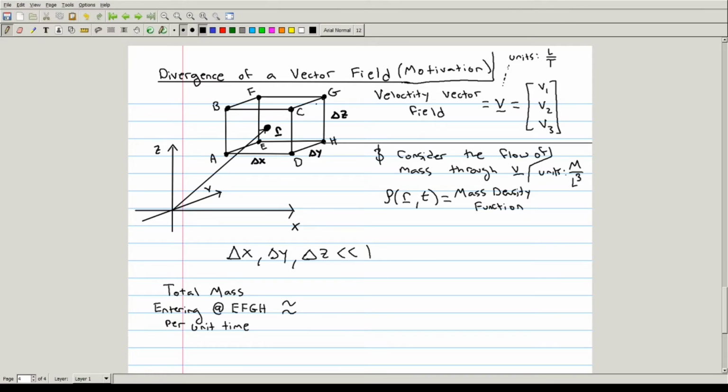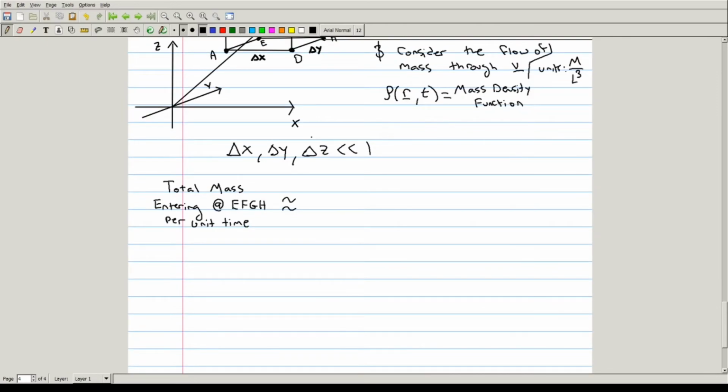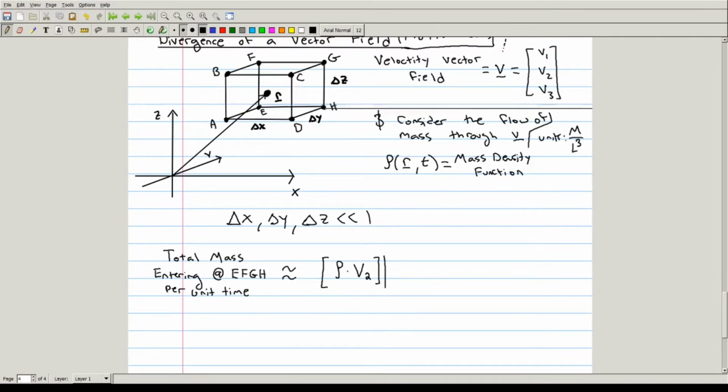EFGH is the back face of this cube. And the total mass entering is going to be approximately equal to, when delta x, delta y, and delta z are very small, the density times the y component of velocity evaluated at some point.